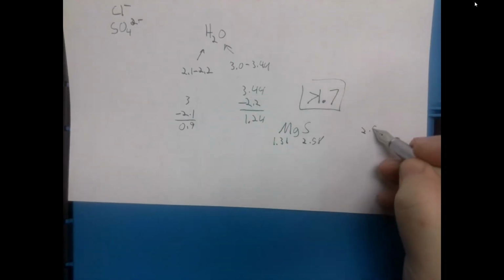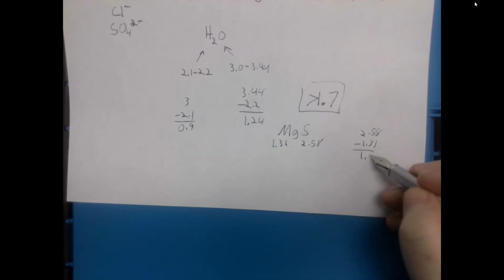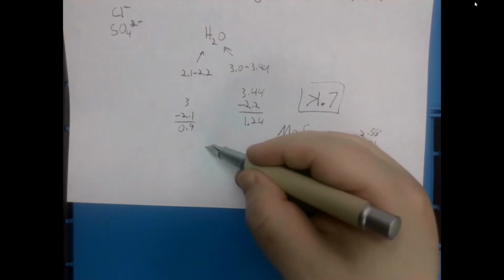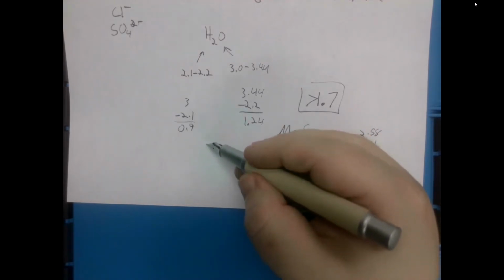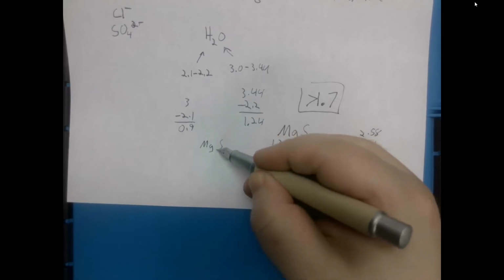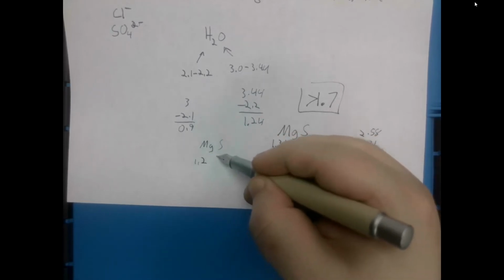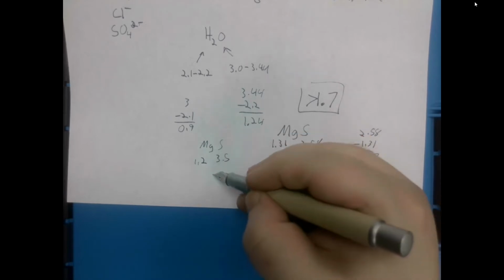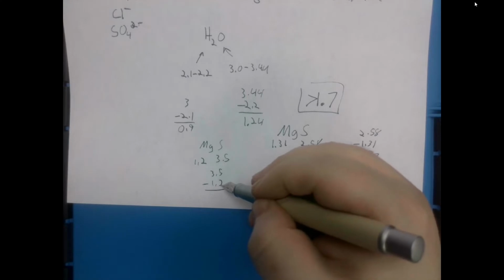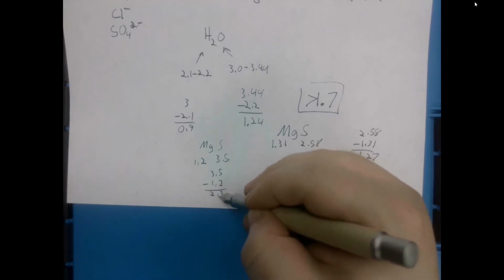So 2.58 minus 1.31, that is 1.27. Or if you use the values that are currently on the back of y'all's periodic table, which has a lot of mistakes in it, it had 1.2 and 3.5, which would be 2.3.